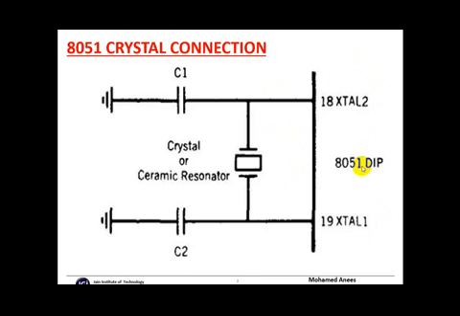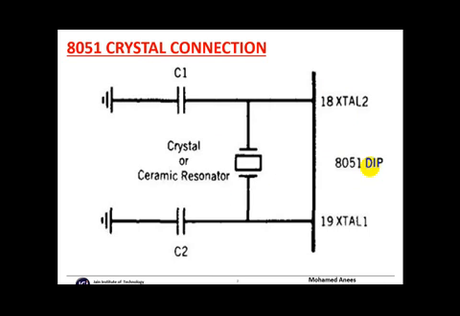So what does it mean? Suppose I have connected a crystal of 12 megahertz. Internally it is divided by 12, so what is the clock frequency now? The clock frequency will be equal to 1 megahertz. So any crystal you connect will be divided internally by 12.